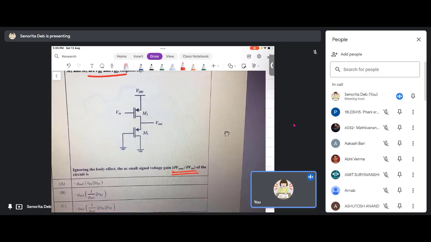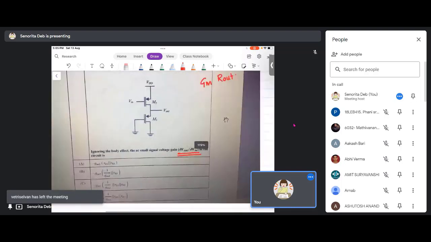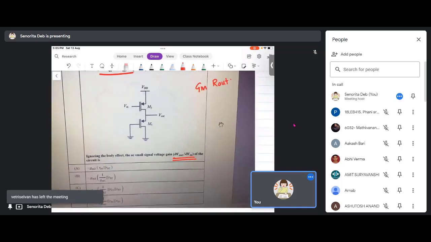The way you have to solve it is, you have to find GM and you have to find R out. GM is the total GM of the circuit. Now, go through the options. First, the input transistor is M2.